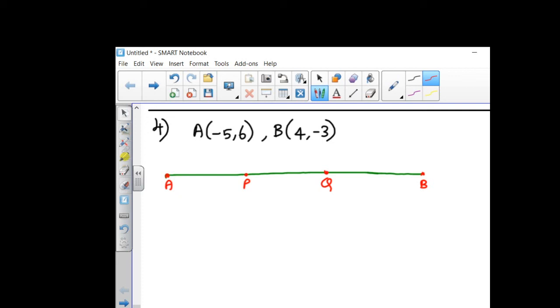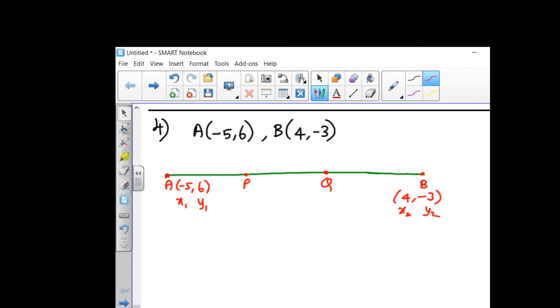So these are the trisection points. So now we are going to find the values. Here A point is minus 5 comma 6. So you can take it as x1, y1. Then B point is 4 comma minus 3. You can take it as x2 comma y2.